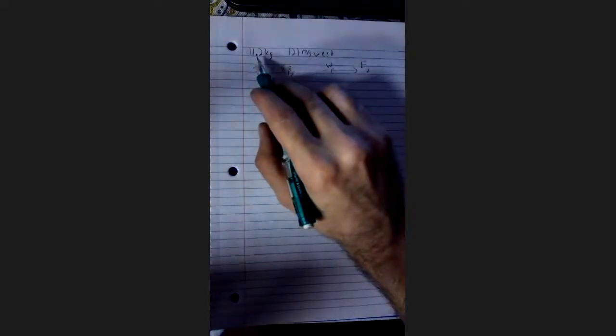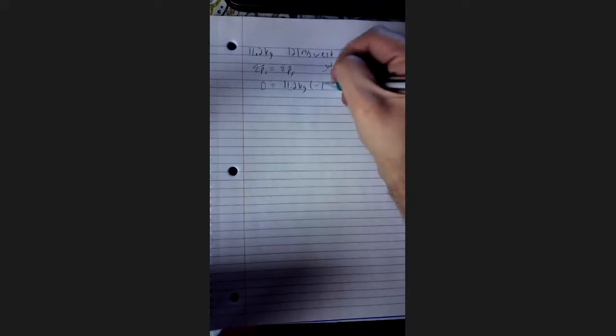So our first piece is 11.2 kilograms. And it was traveling at 121 meters per second west. So since west is negative, we'll add a negative to it. And we have to add to that the momentum of our other piece. So that's what we're looking for. So we'll just call it P.